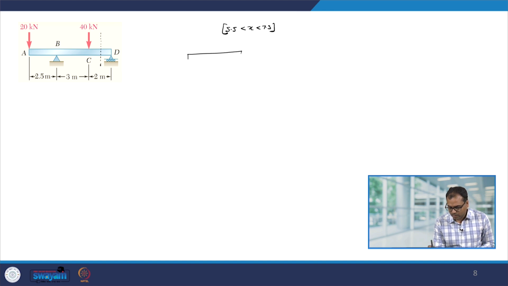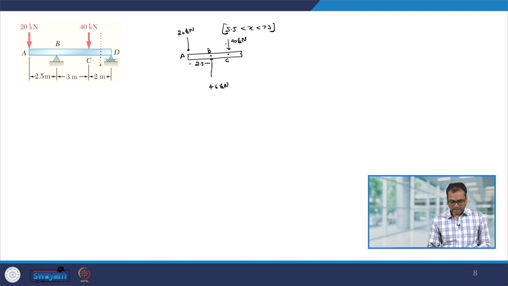So, we have a 20 kilonewton force, and then at 2.5 meter I have 46 kilonewton of force, and then so this is point A, this is point B, and then at point C I have an external loading of 40 kilonewton, and then let us say the shear force is acting like this and the bending moment is like that.